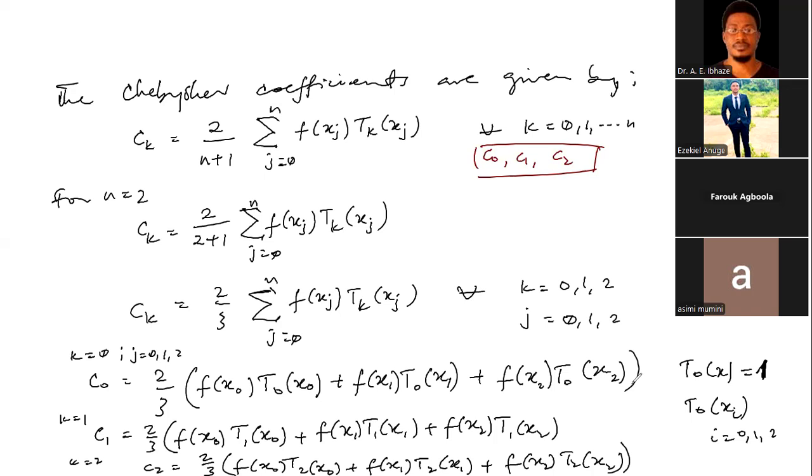So now we'll have to develop the formulation for the Chebyshev nodes. Now you recall that we already provided the formulation for the Chebyshev nodes. That is how we'll be able to develop the relationship for these nodes, the x values, okay? So for us to be able to evaluate the coefficients, we now need to compute the Chebyshev nodes, and those Chebyshev nodes are s0, s1, s2 in our case, for n being the same as 2.